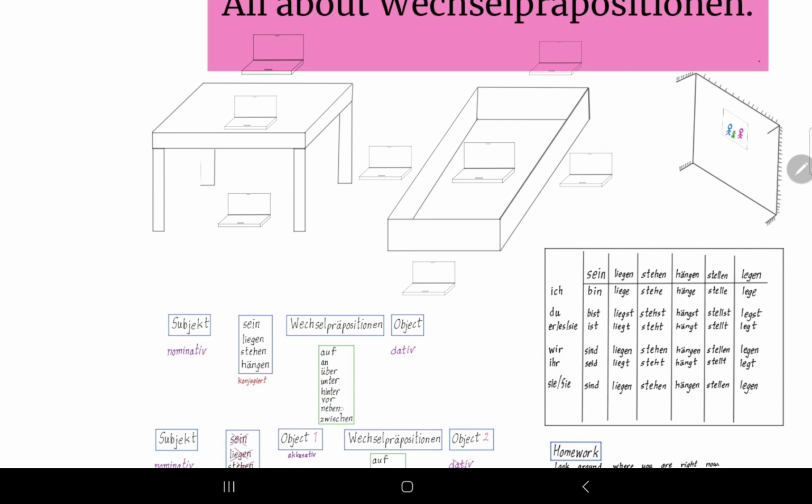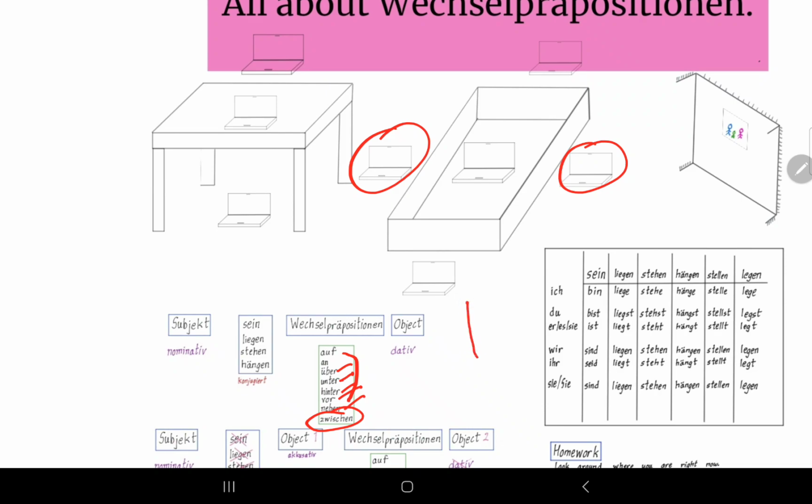Then neben and zwischen, it's obvious: neben is next to, zwischen is between, right? Quite often when you use zwischen, you will be saying between this and that, so you'll have two objects over there. With everything else, you just say on something, over something, beneath something, behind something, in front of something, next to something. But with zwischen, you will have to say between this and that.